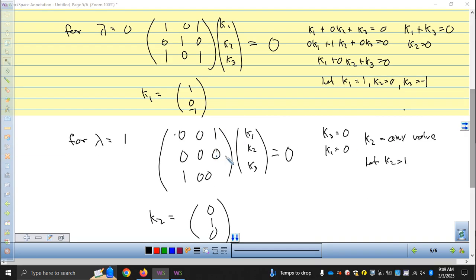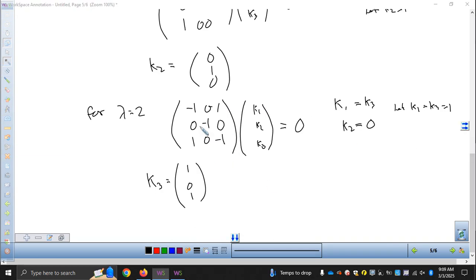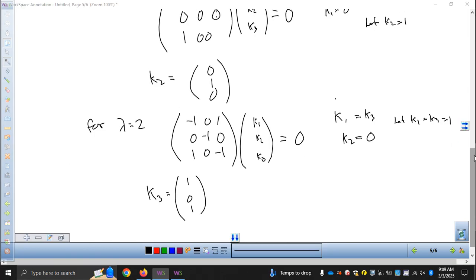Same for this one. But if it's more complicated, usually solving for the eigenvectors for a 3 by 3 matrix is not that complicated. Usually. Sometimes you have to do row operations.